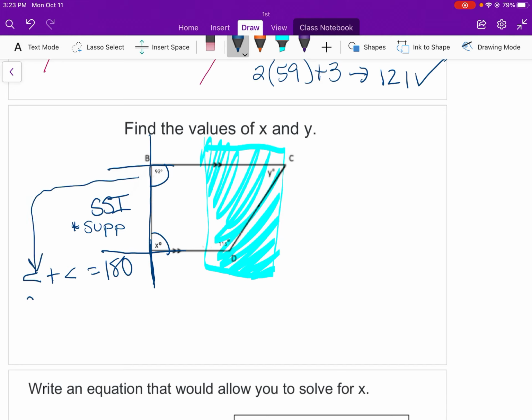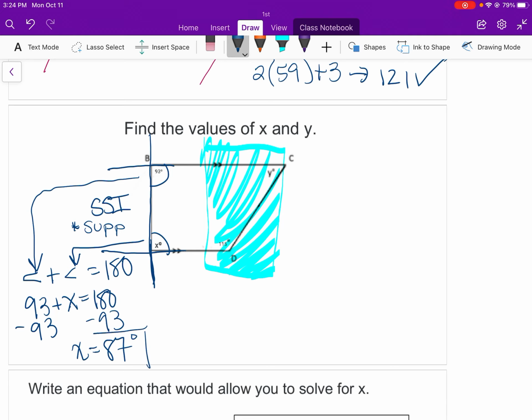So I replace this with 93, plus my next one is x, and that's equal to 180. Subtract 93 from both sides, and I get x is equal to 87 degrees. Okay, so that is the first half of it.